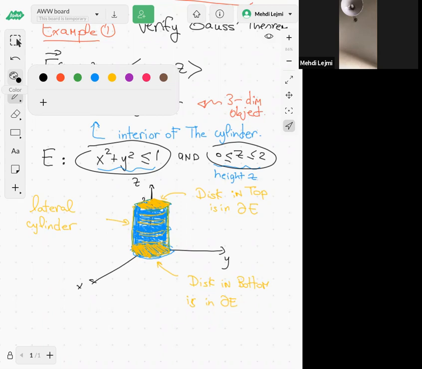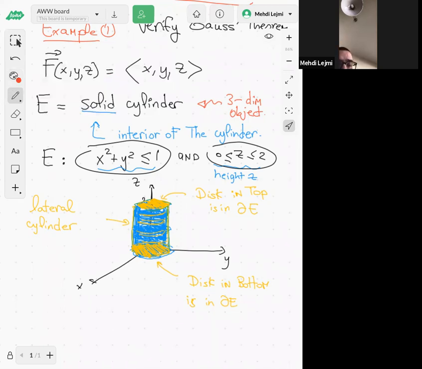The orientation must be with a normal vector that points away from E. So you have this normal vector here that points away from E. It's, in some sense, an outward normal vector.